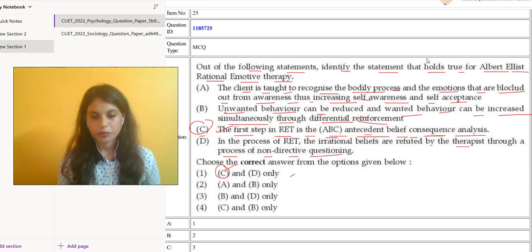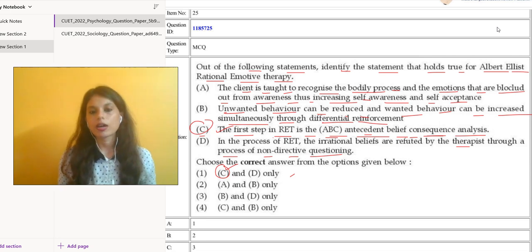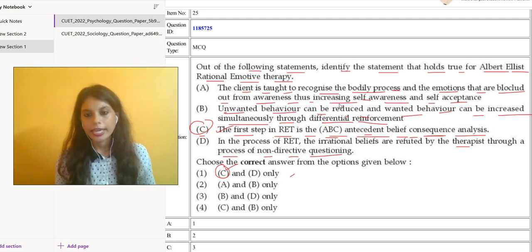Apart from moving over to the next question, let's talk about what exactly RET is. RET involves identifying the irrational beliefs. In option D, it said the irrational beliefs are refuted. Refuted means it is not considered, so this would be wrong.